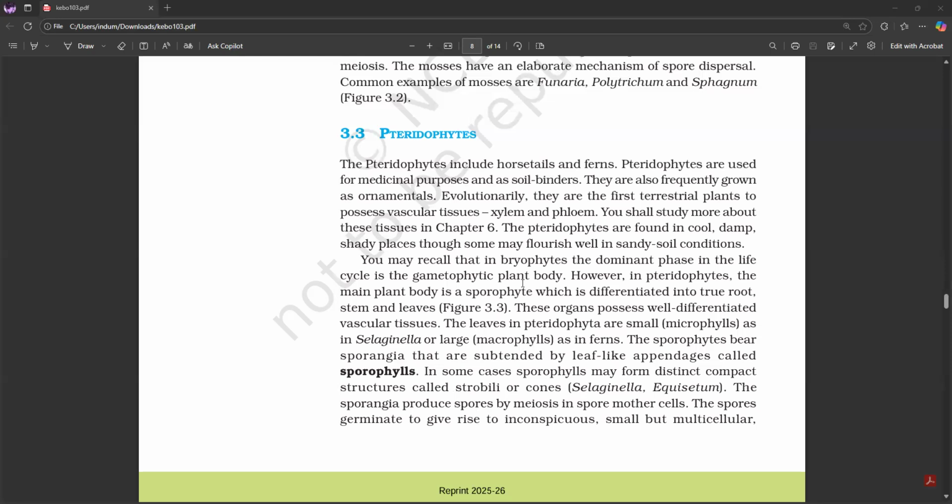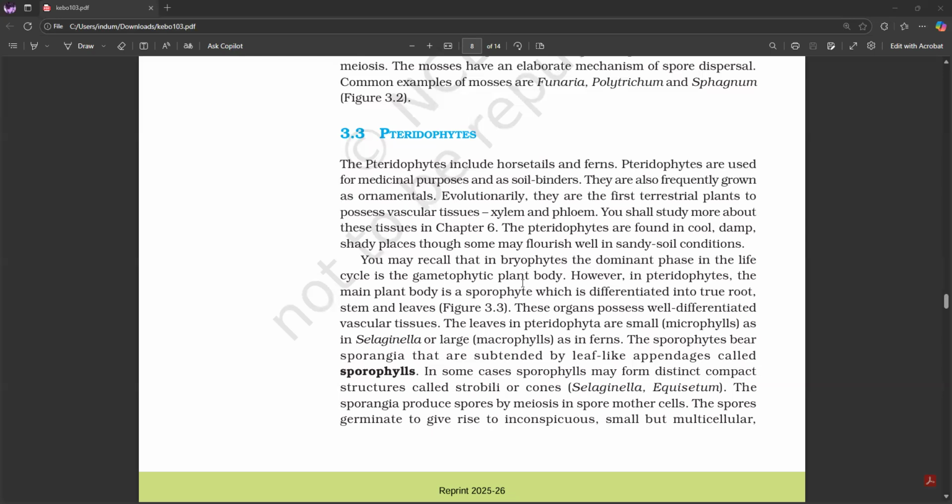You may recall that in bryophytes, the dominant phase in the life cycle is the gametophytic plant body. However, in pteridophytes, the main plant body is a sporophyte which is differentiated into true root, stem, and leaves. Figure 3.3. These organs possess well-differentiated vascular tissues.